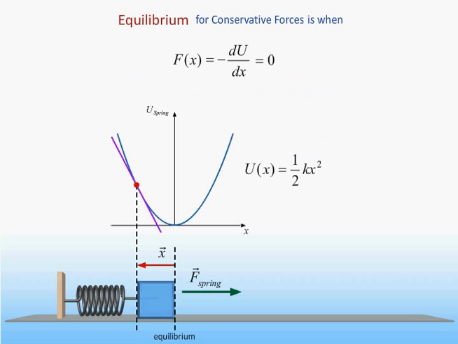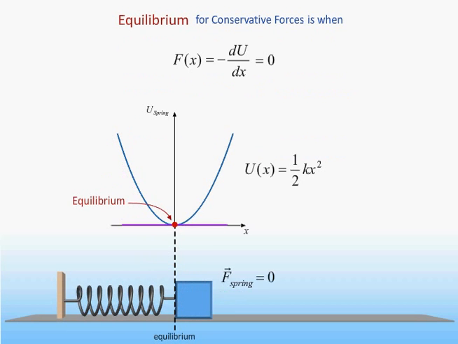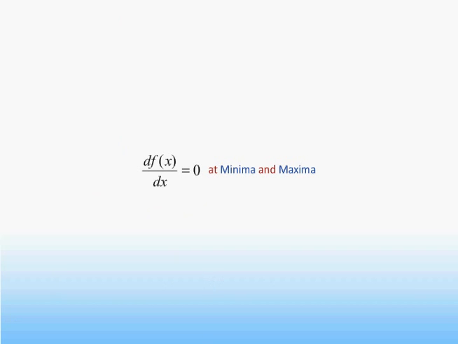For example, here we see the potential energy function for a mass on a spring. The slope of the tangent to this curve is zero at only one point, namely the point at which the potential energy itself is at a minimum. Indeed, the slope of the tangent to any function will be zero at any minima or maxima of the function.